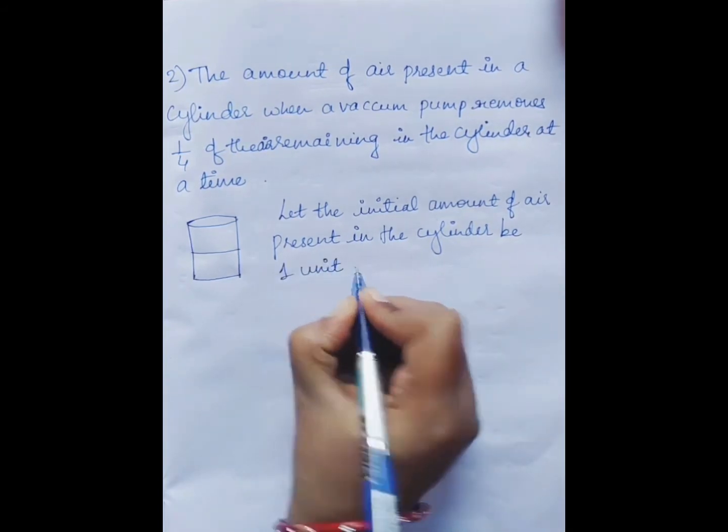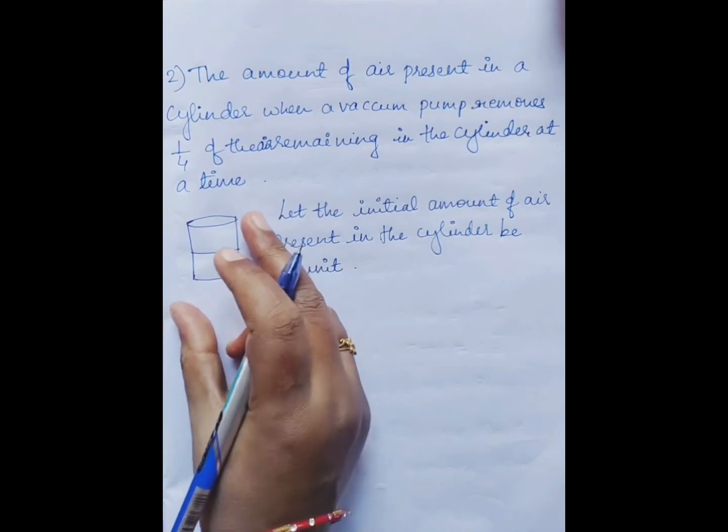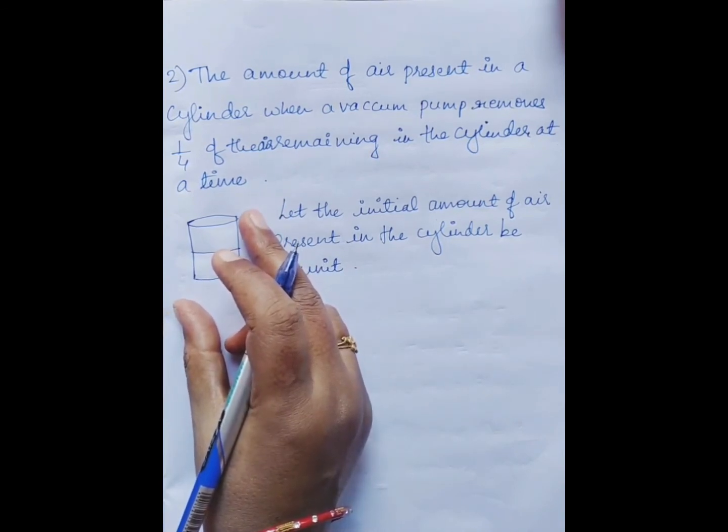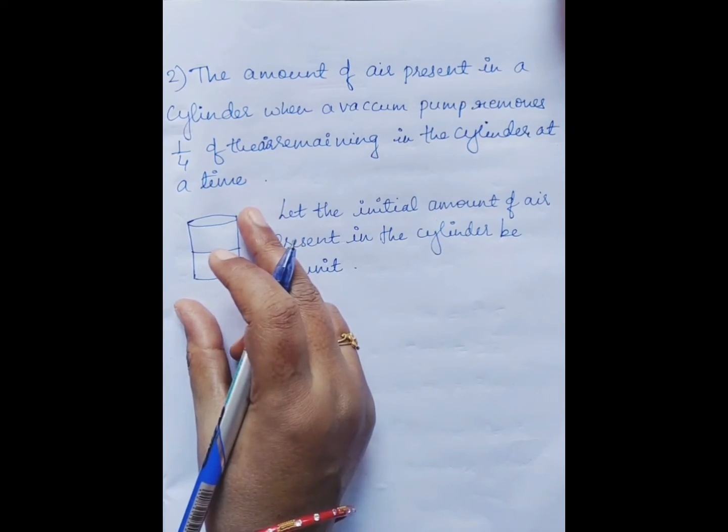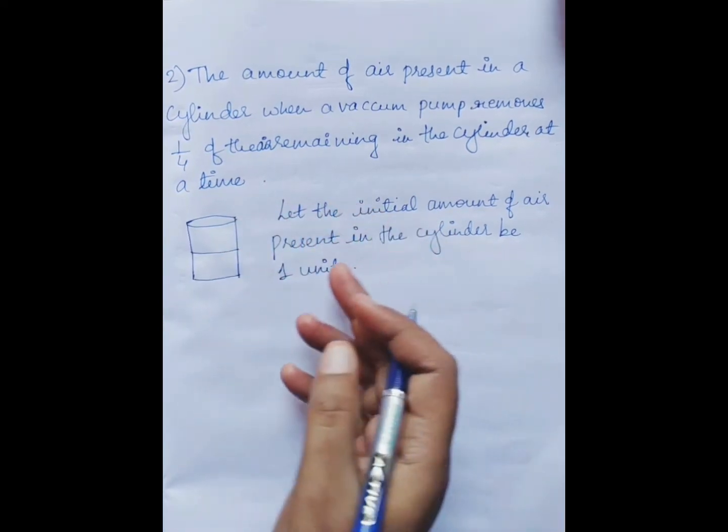See, they have said there is a cylinder filled with air, but we don't exactly know how much air is filled in this. So let us assume it as 1 unit.